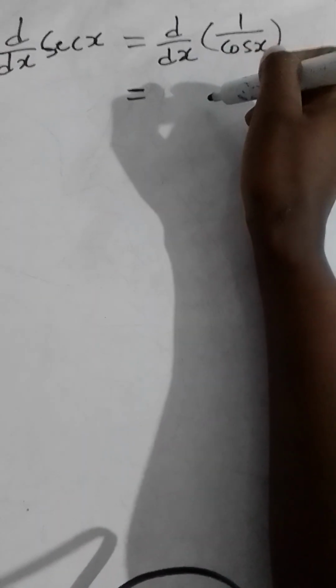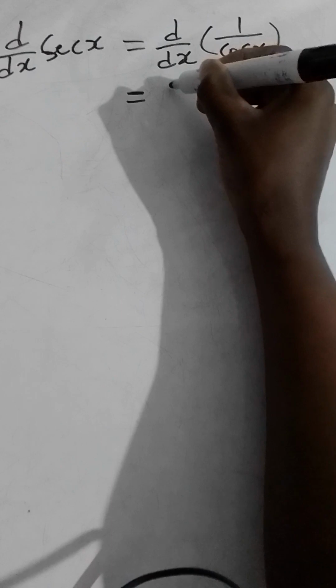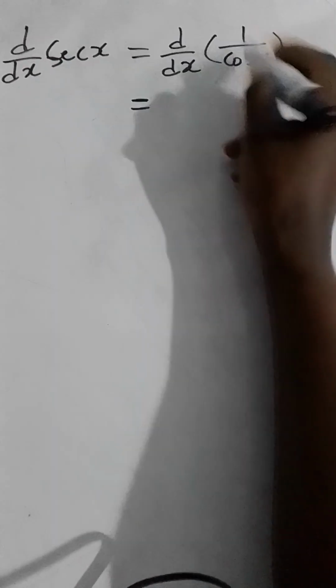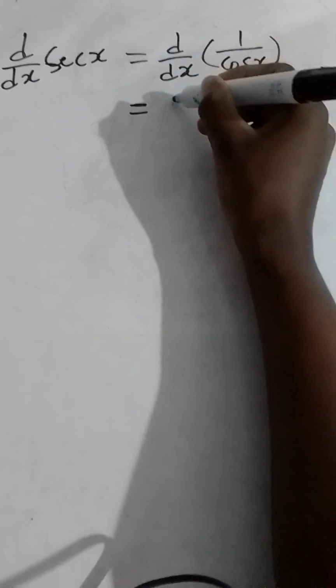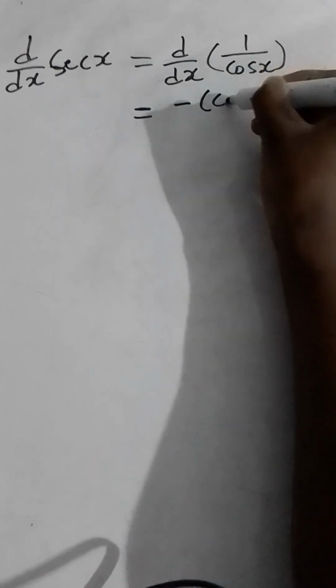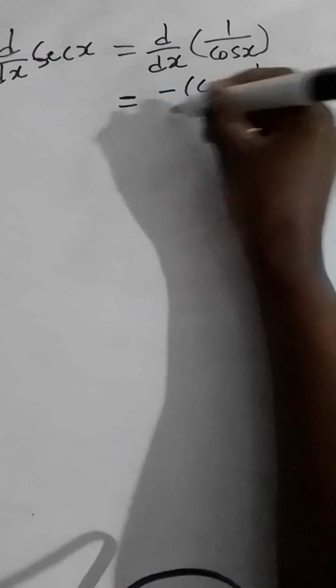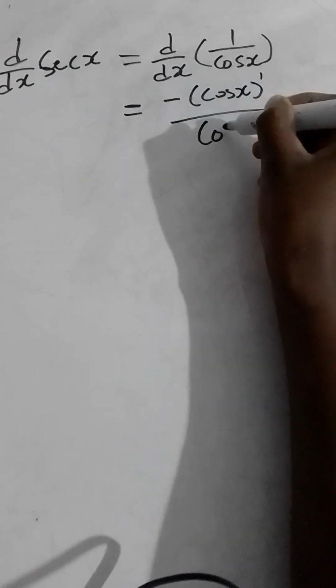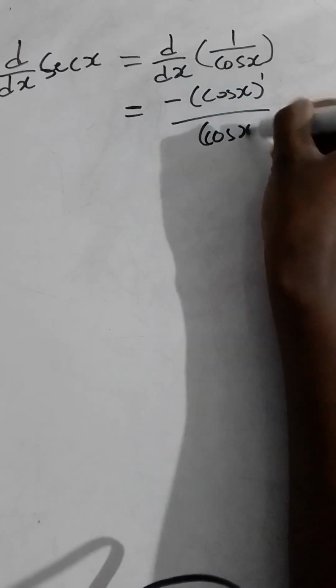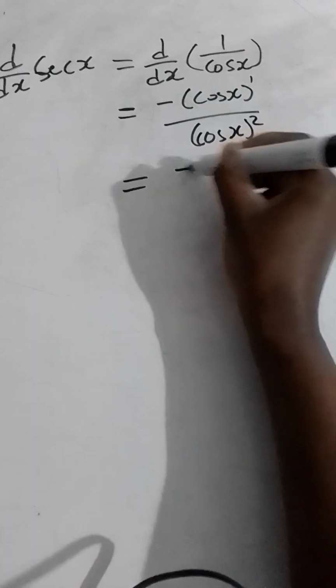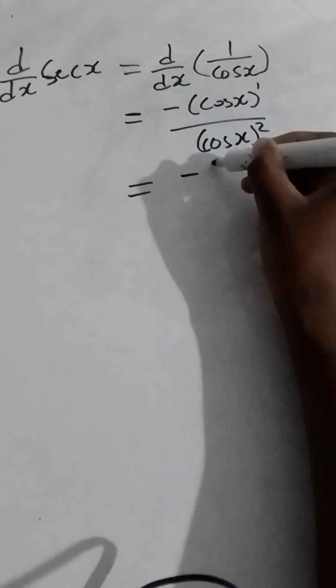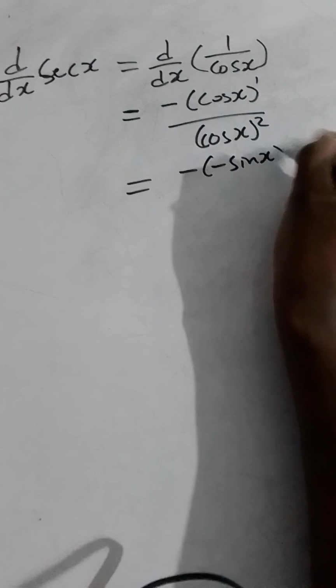Right, so the derivative of this, using the reciprocal rule, we know that the derivative of the reciprocal of a function is the negative of the derivative of that function over that function squared. And this becomes what? Negative, the derivative of cos is negative sine, over cos squared x.